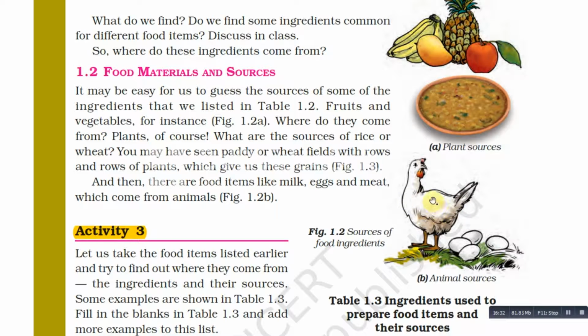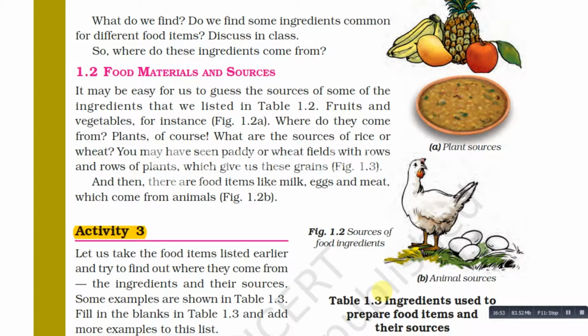So this is the animal. Here you can take those eggs and meat also. You can eat this hen, you can eat these eggs also. So there are mainly two sources of food, plants and animals.